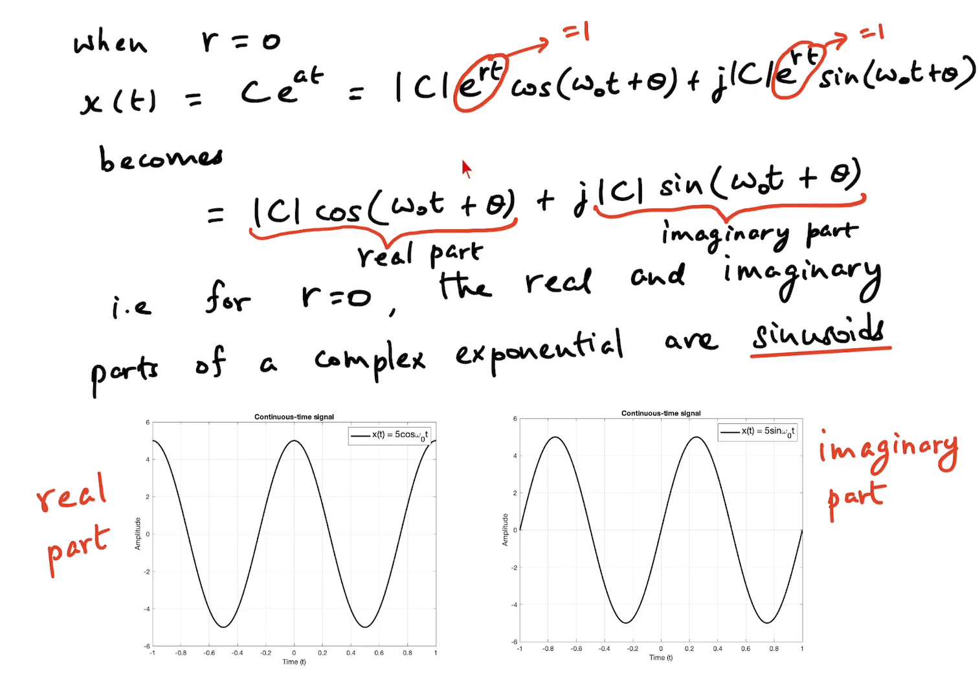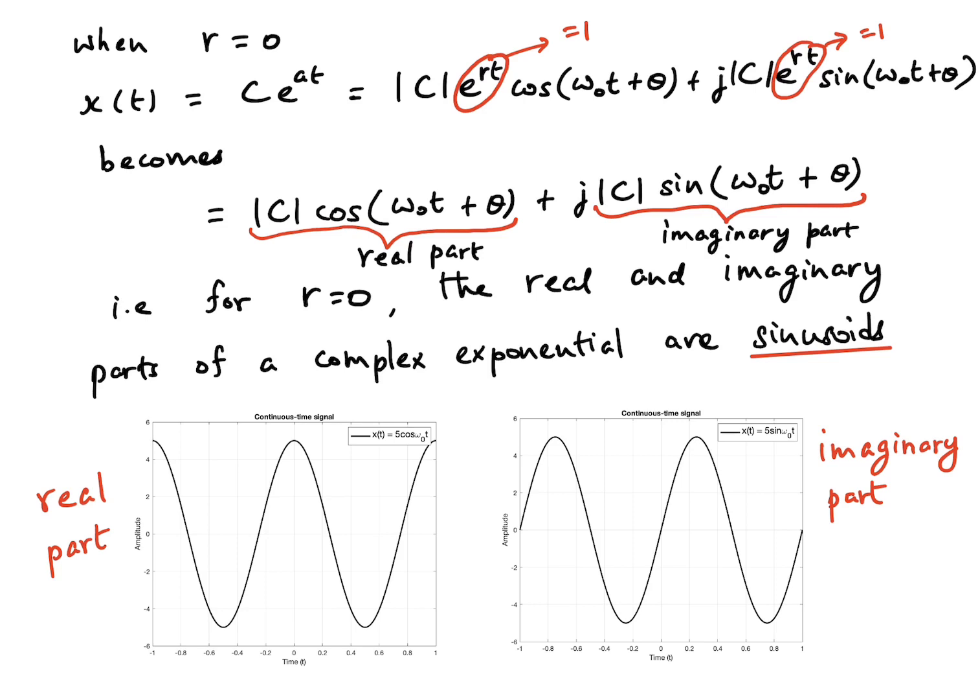That means the real part of the complex exponential when r equals 0 is just a cosine waveform, and the imaginary part is just a sine wave. So we have a cosine wave as the real part and a sine wave as the imaginary part of the complex exponential when the parameter r is chosen to be equal to 0.